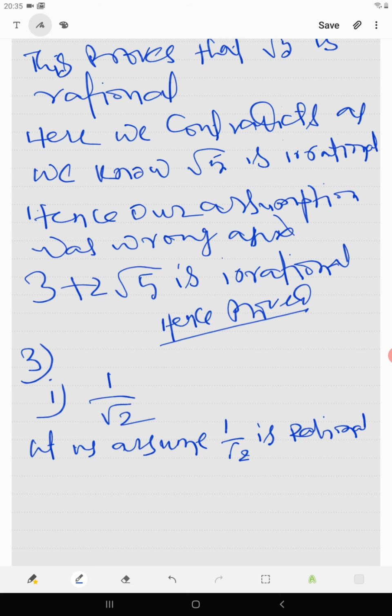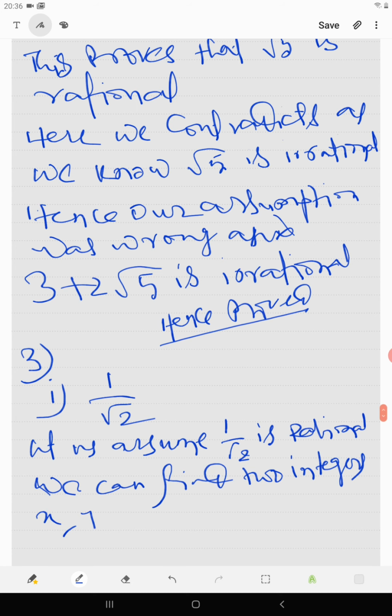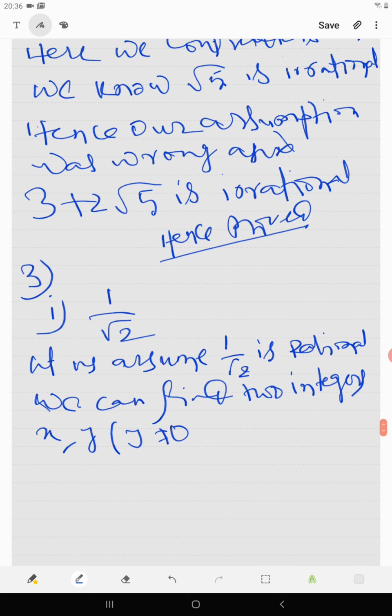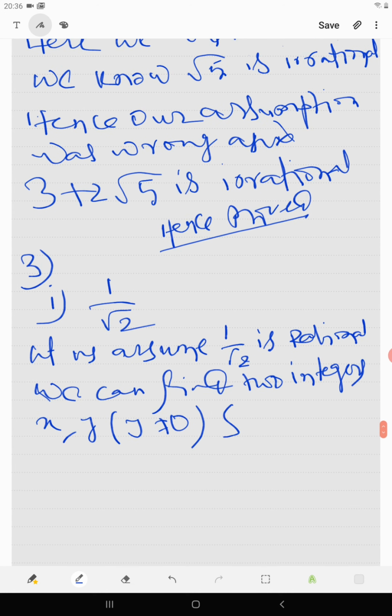So again we can find two integers x, y, where y is not equal to 0, such that 1 by root 2 equals x by y.